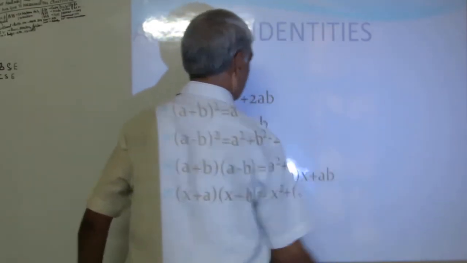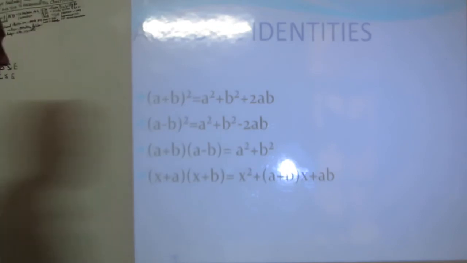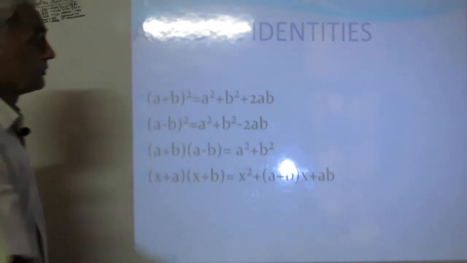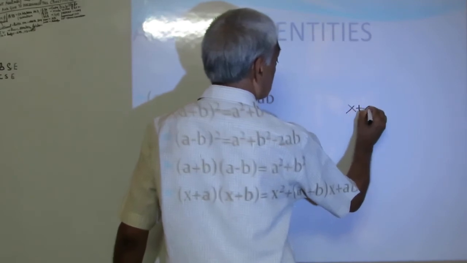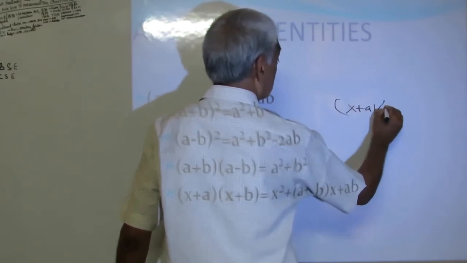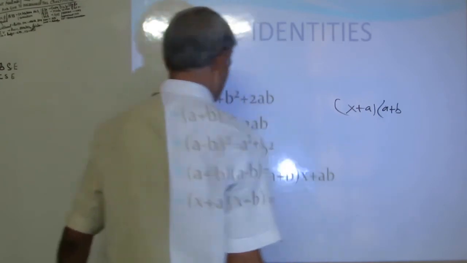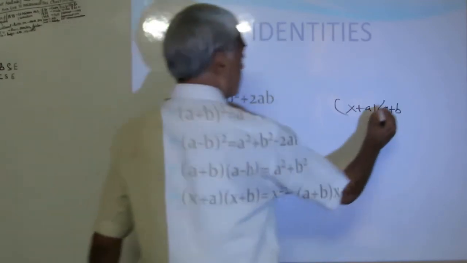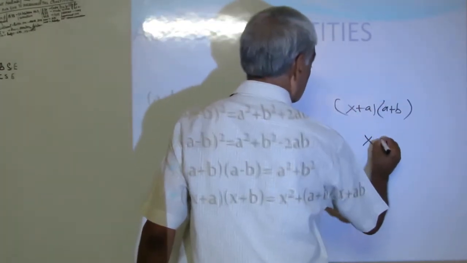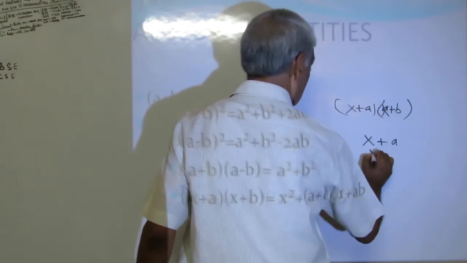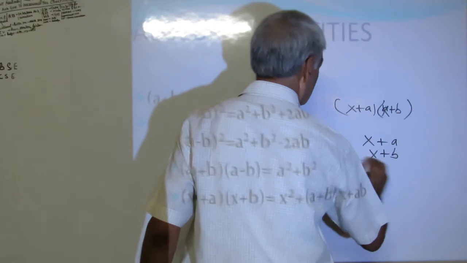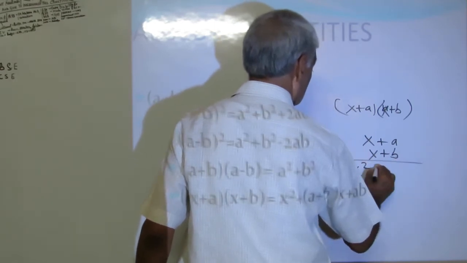And the fourth identity is (x plus a) multiplied by (x plus b). X multiplied by x is equal to x square.